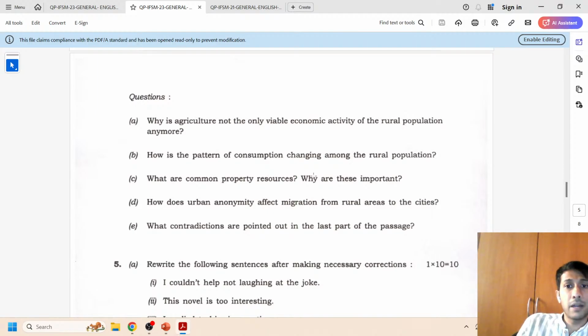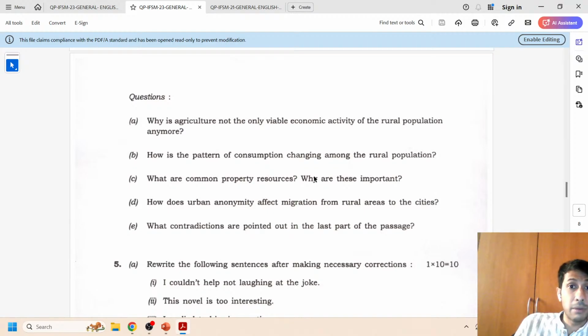In the last part of the passage, the author points out the following contradictions. How does urban anonymity affect migration from rural areas to the cities? Urban anonymity affects rural migration to the cities in the following ways.